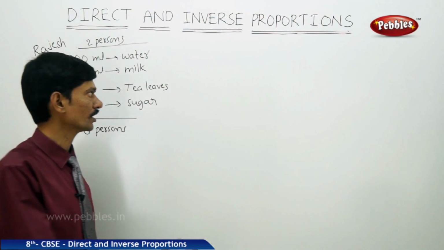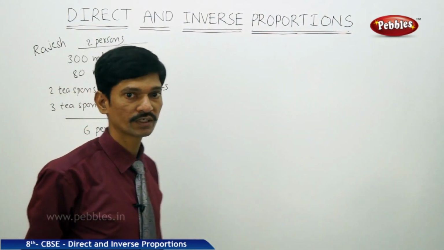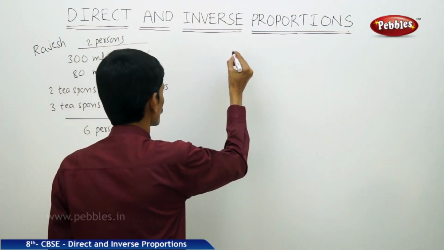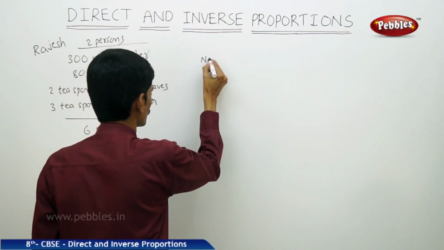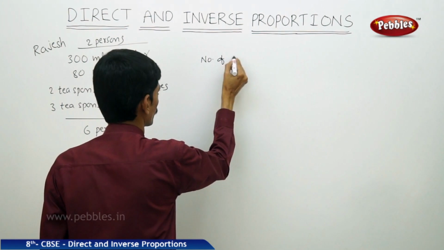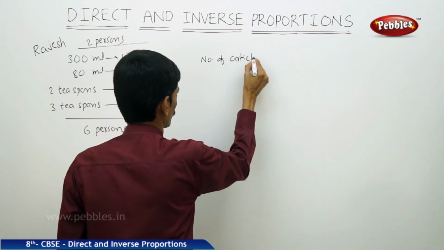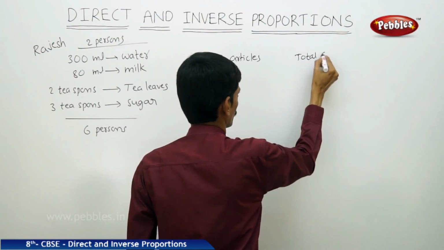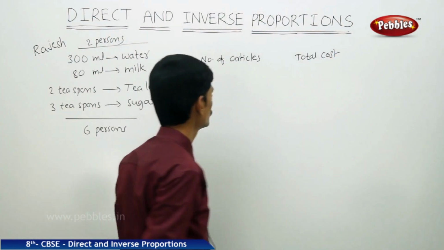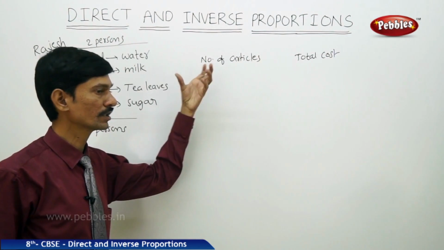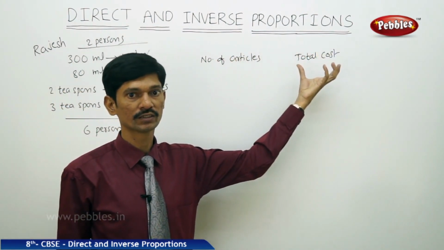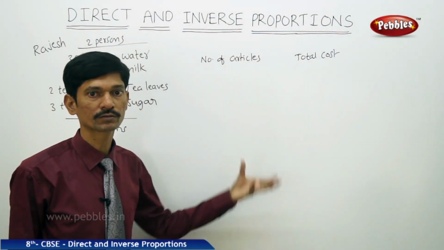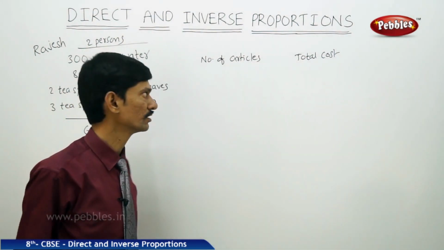Now let us see some other situations which we face in day-to-day life. For example, the number of articles and the total cost. So if you increase the number of articles, then their cost also will be increased. Or if you decrease the number of articles purchased, then their total cost also decreases.